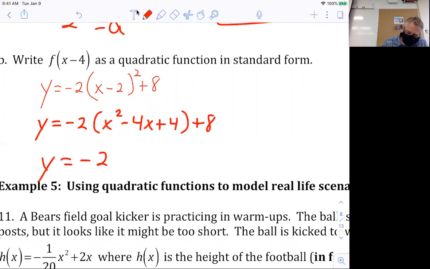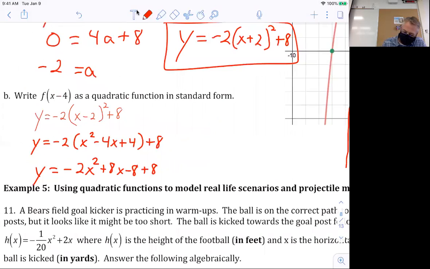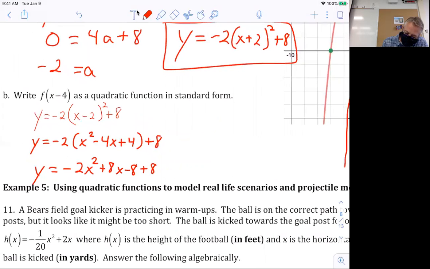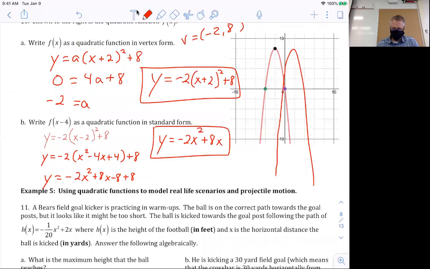Distribute the negative 2. So I have minus 2x squared plus 8x minus 8 and plus 8. Then combine our like terms, the 8s are going to cancel, right? So I have minus 2x squared plus 8x. So there it is in standard form.